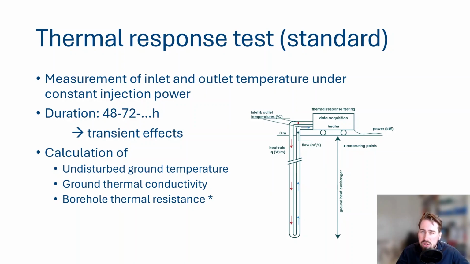It measures your ground thermal conductivity, so how good the ground conducts heat at your specific location, which depending on the data available can vary significantly. And you can also measure the borehole effective thermal resistance with this method, which is also a really important parameter in geothermal design because it determines how good your borehole can exchange heat with the underground.